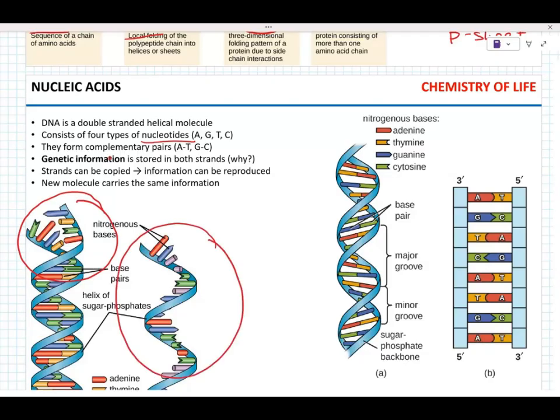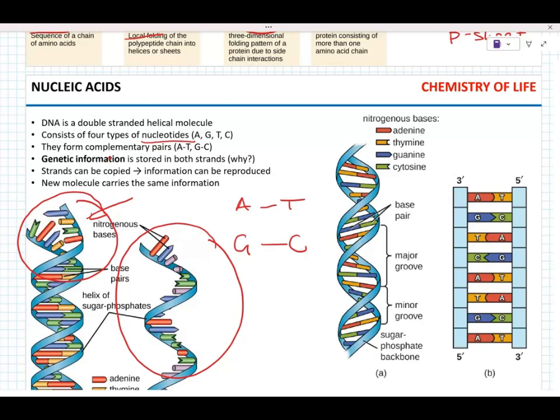The fundamental feature here is that the strands in DNA are complementary. Which means if you have A in one strand, there's going to be T across it in another. If you have G in one strand, there's going to be C across it. Okay?